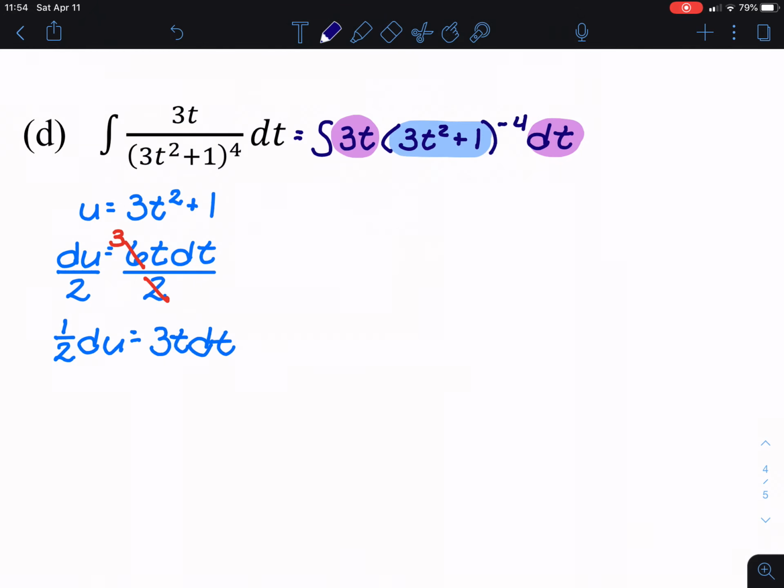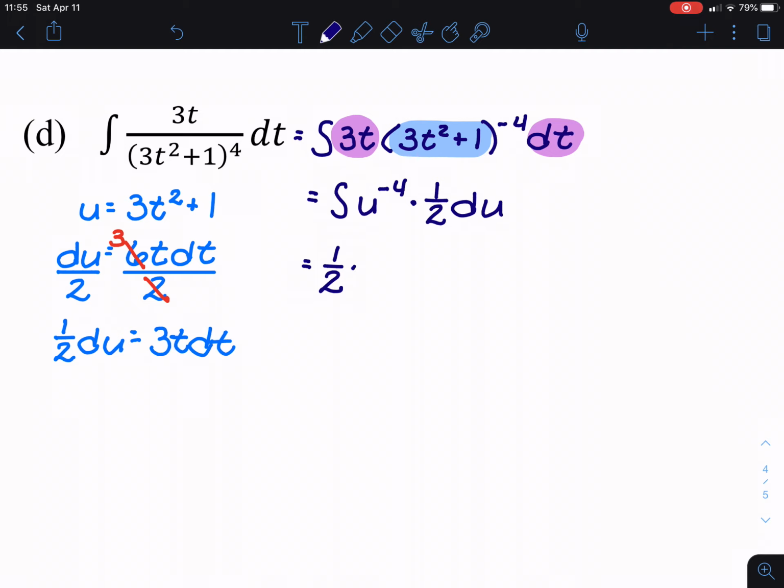So now I can rewrite this as the indefinite integral of u to the negative 4th times 1/2 du. I'm going to take that indefinite integral. The 1/2 is just a coefficient, so I can write that out in front.